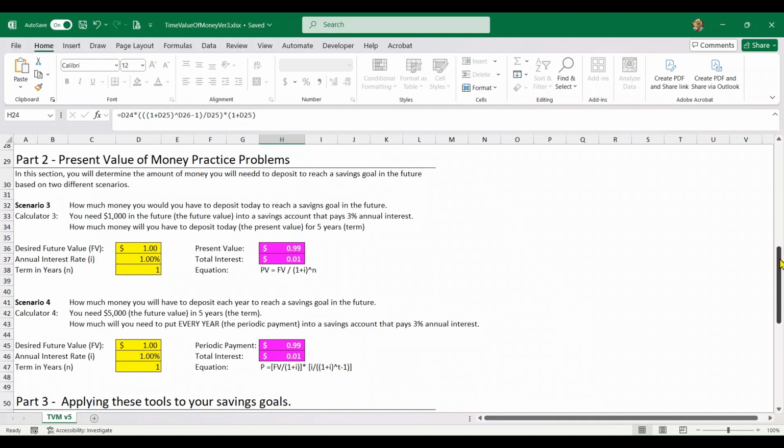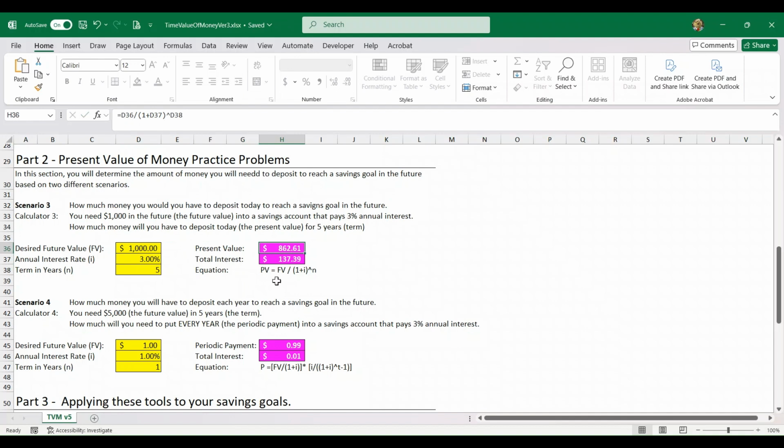So for example, in scenario number 3, we're going to say, I need to have $1,000 5 years from now. Well, how much at 3% over 5 years, how much do I need to put into the bank today?